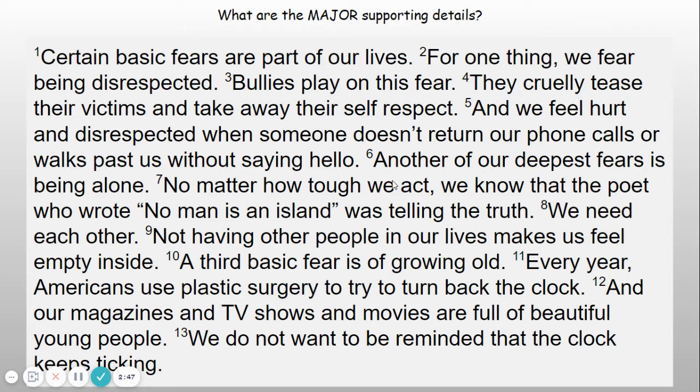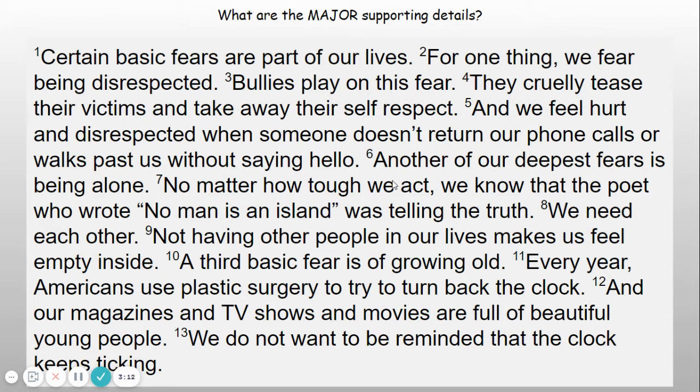First, let me read this. Certain basic fears are part of our lives. For one thing, we fear being disrespected. Bullies play on this fear. They cruelly tease their victims and take away their self-respect. And we feel hurt and disrespected when someone doesn't return our phone calls or walks past us without saying hello. Another of our deepest fears is being alone.